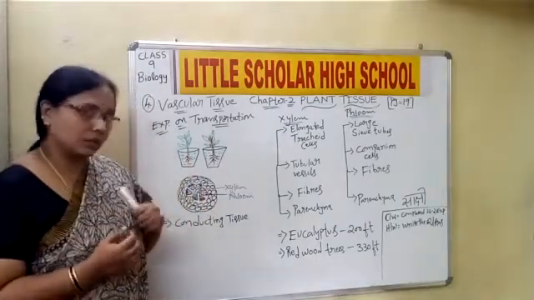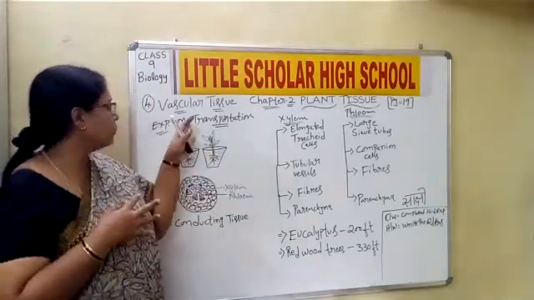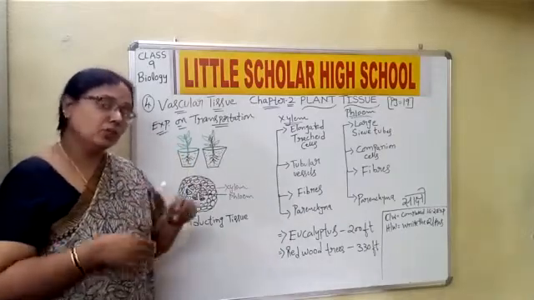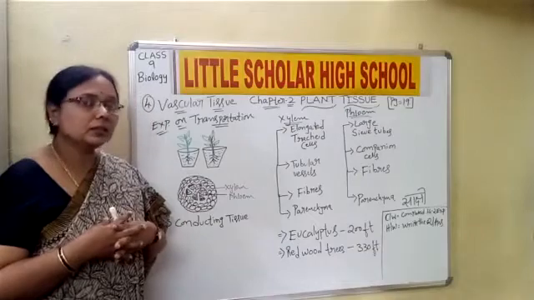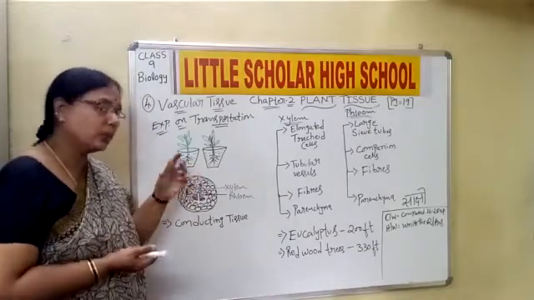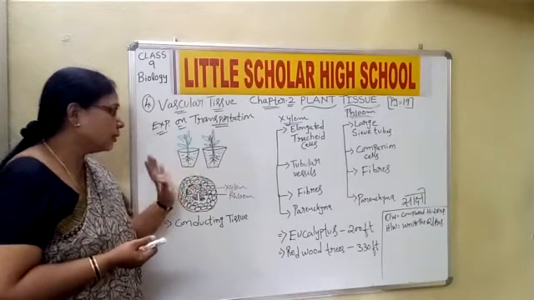Before going to the types of vascular tissue, let us do a small experiment which you have already learnt in your earlier classes, wherein we have taken one pot plant, a small plant with roots, of course. This is the normal plant.